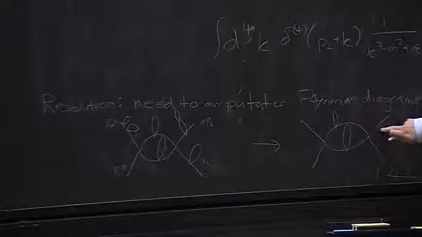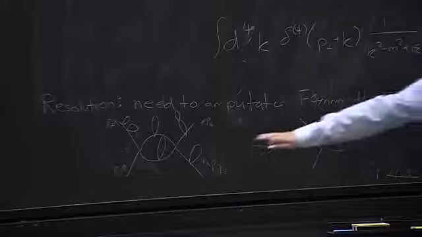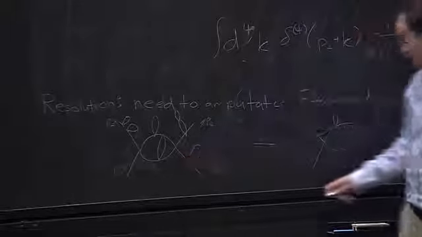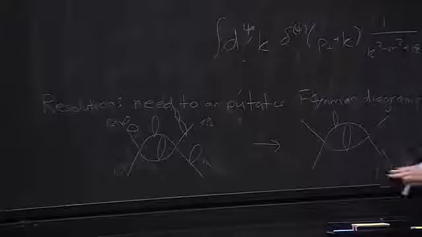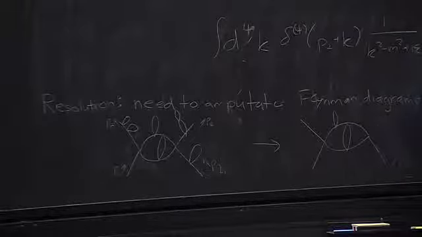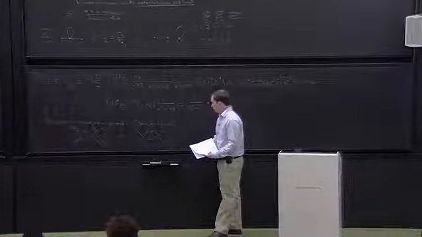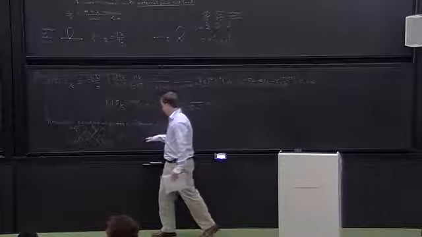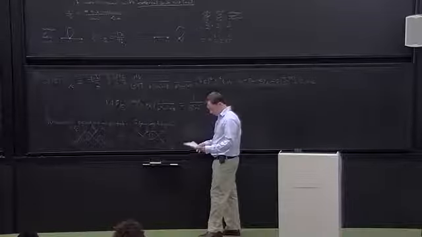And so basically, another way of saying that is amputation means we don't allow any corrections to the propagation of the external particles before they meet with some of the other external particles. So this diagram amputated becomes this diagram.